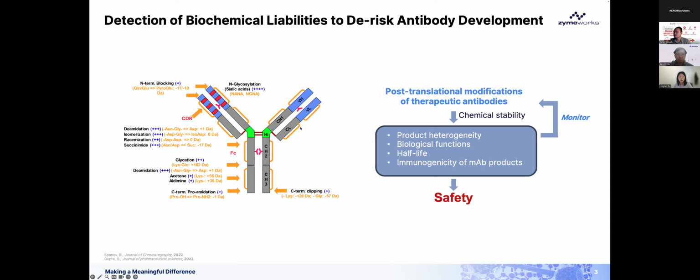Many chemical modification or degradation processes could occur in antibody due to the nature of its sequence or storage conditions. This chemical modification may lead to product heterogeneity, change in biological functions or half-life, or immunogenicity of antibody products, and possibly impact on drug safety. So it's important to monitor this chemical modification in early stage of antibody development.